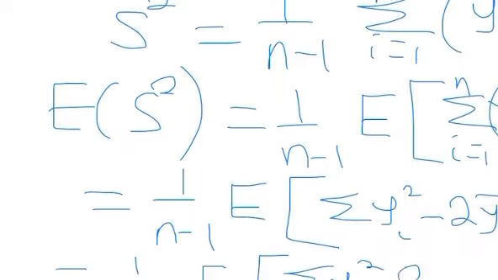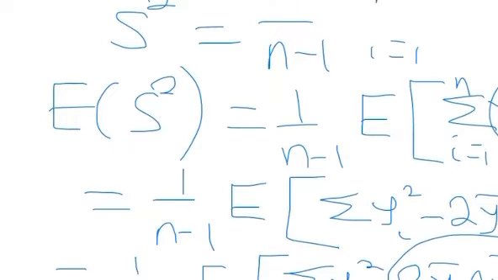So I'm going to have minus 2 y bar times n y bar plus n y bar squared. That's a negative 2 n y bar squared, and negative 2 n y bar squared plus n y bar squared will be minus n y bar squared.